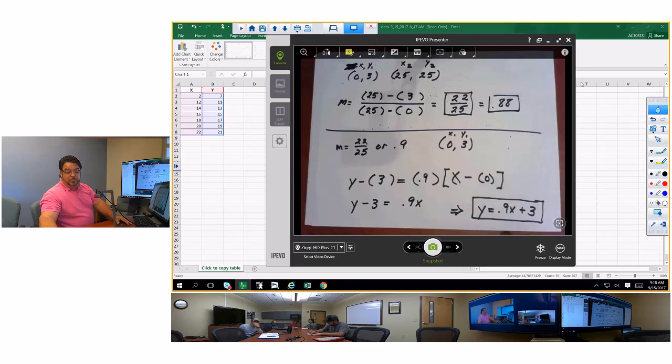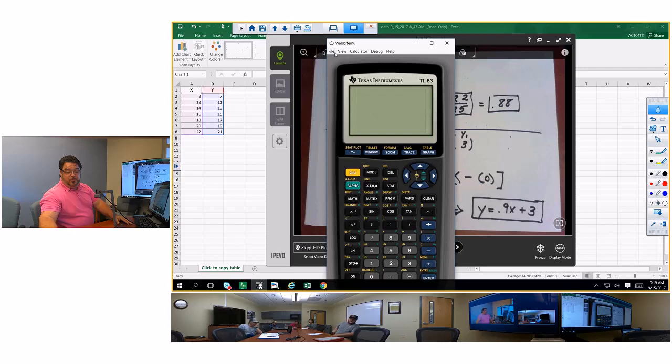But the whole point is it's going to be around this area. Now, to get it exactly, you'd have to actually use the least squares regression, which is a very tedious formula, but your calculator can do it. What you do is you put the points in the calculator and you find the statistics. The way that you do that is you pull up your handy dandy calculator.